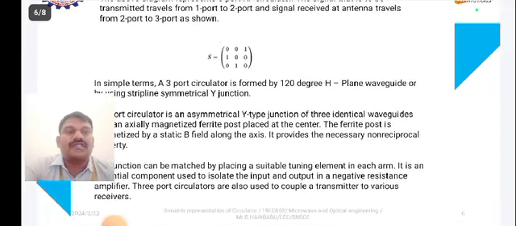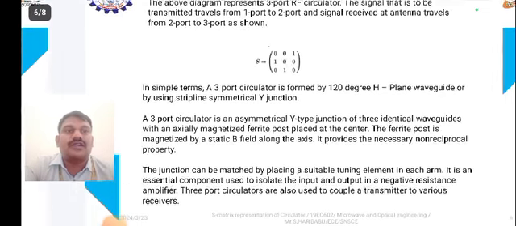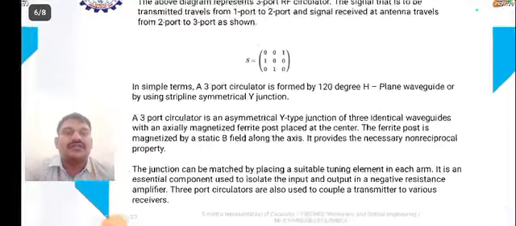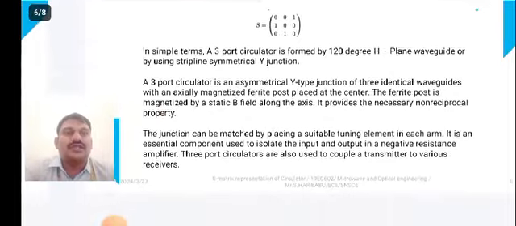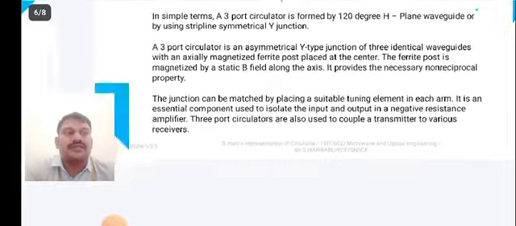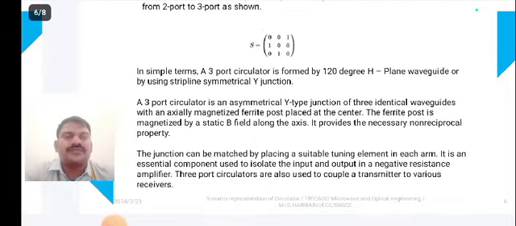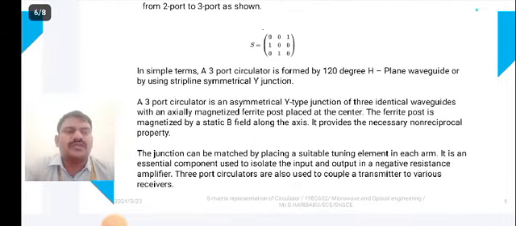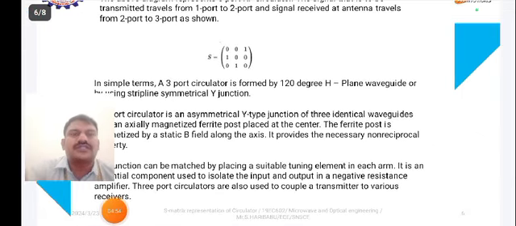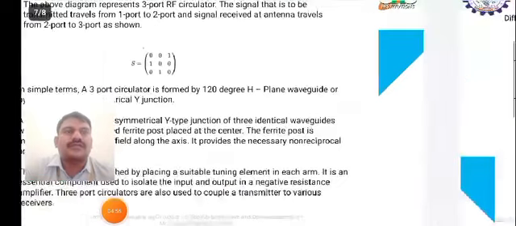It provides the necessary non-reciprocal property. The junction can be matched by placing a suitable tuning element in each arm. It is an essential component used to isolate the input and output in a negative resistance amplifier. The 3-port circulator is used to connect a transmitter to various receivers.